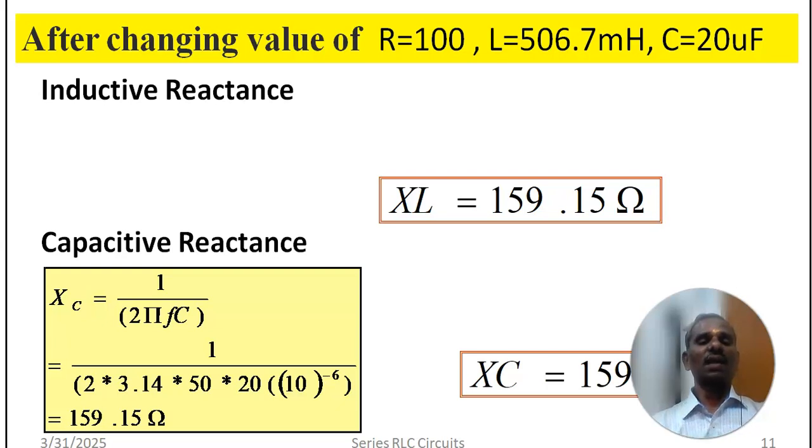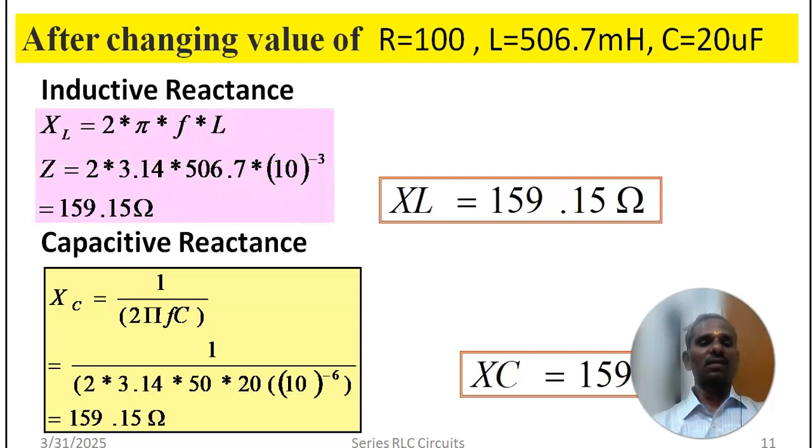The question asks us, after changing the value of L from 50 millihenry to 506.7 millihenry, to see what happens to XL and to the phasor diagram. We already know the formula: XL is equal to 2 pi F into L, so it's 2 into 3.14 into 506.7 into 10 power minus 3, so the value is 159.15 ohms.